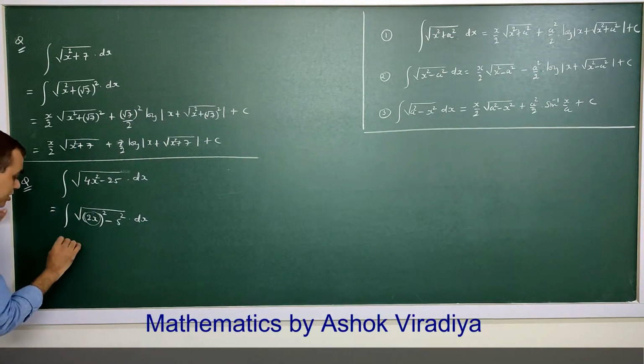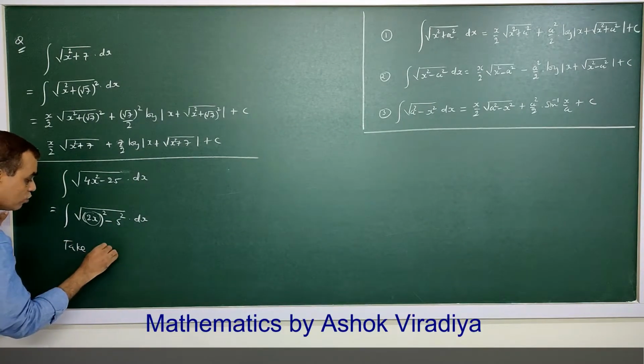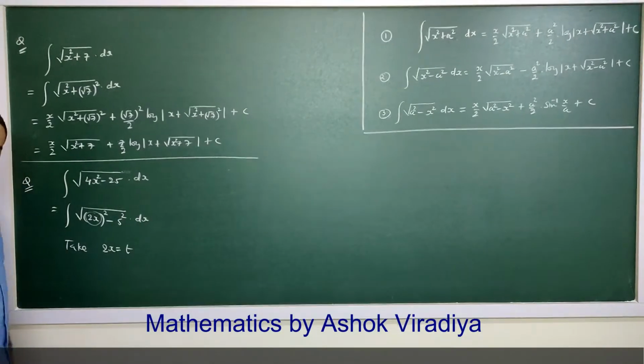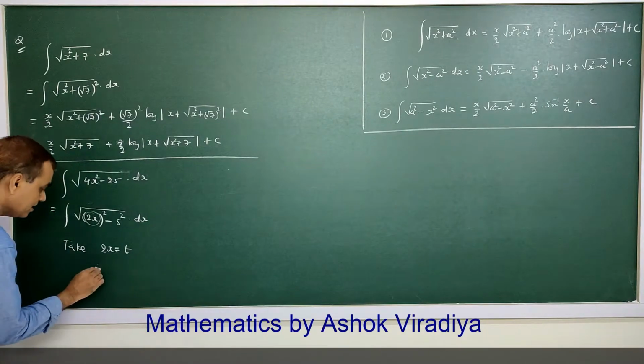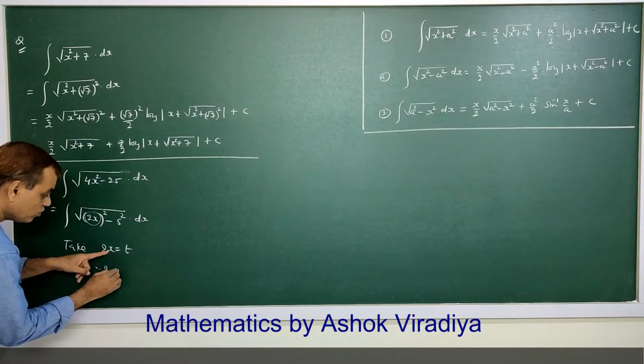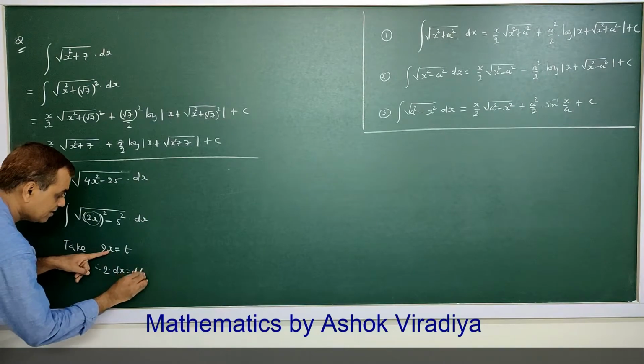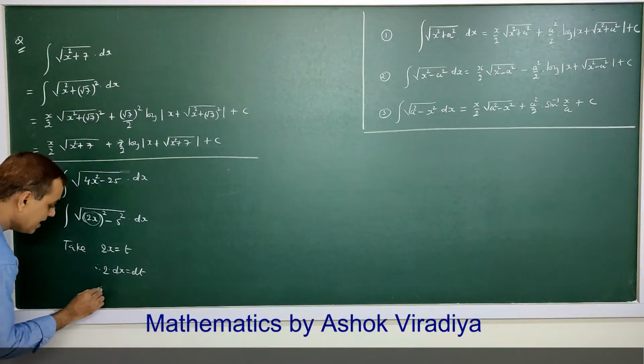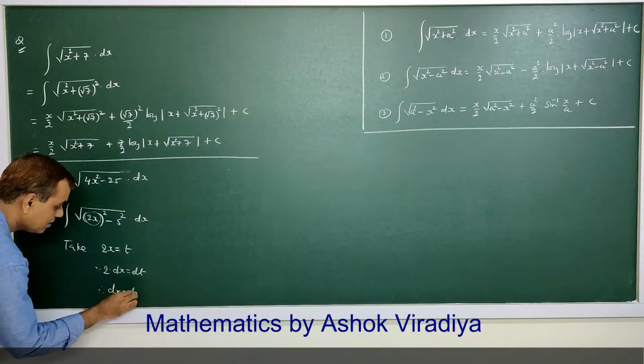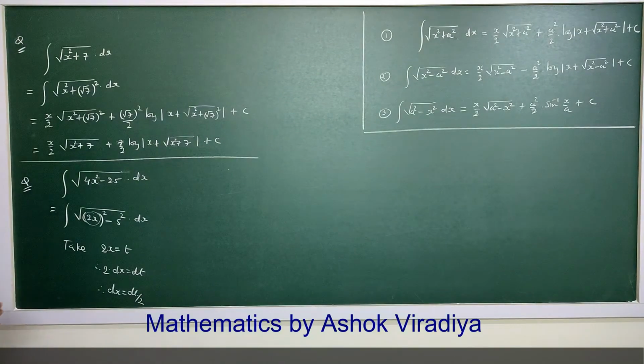So now we take the substitution 2x equal to t. If 2x is t, then 2 into dx is dt, so dx is dt by 2.